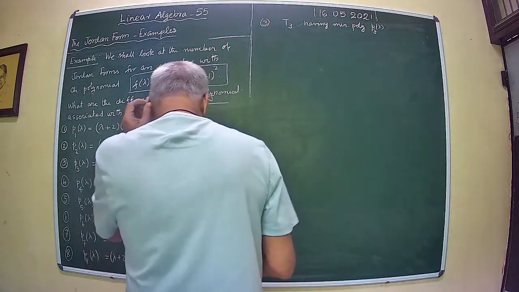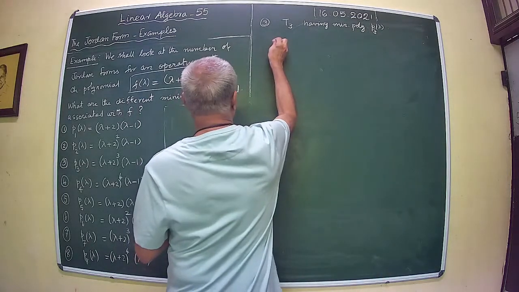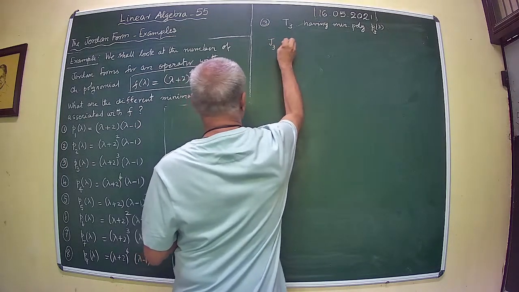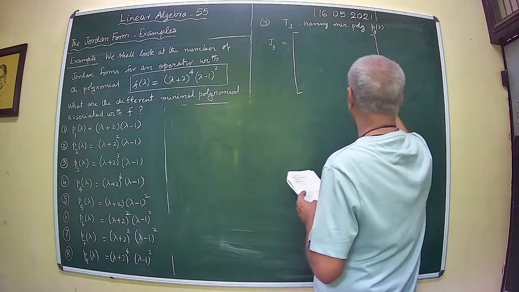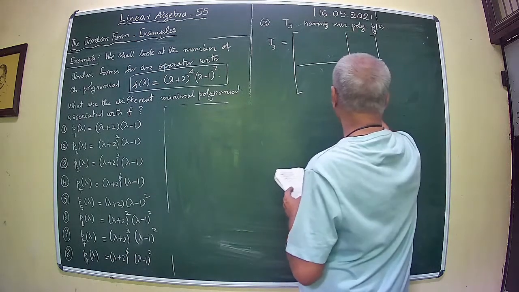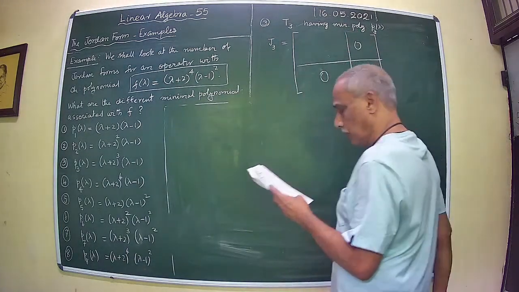Okay, the form is this. J3 then takes up the form. See, it has two blocks again, one a 4x4 block and a 2x2 block.